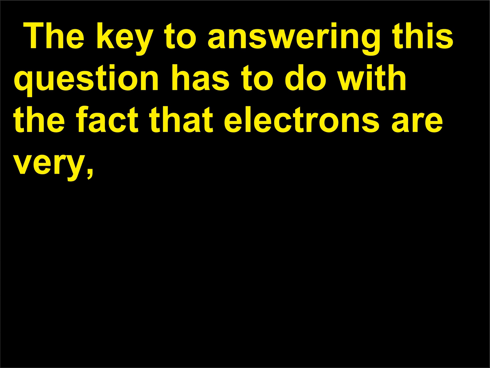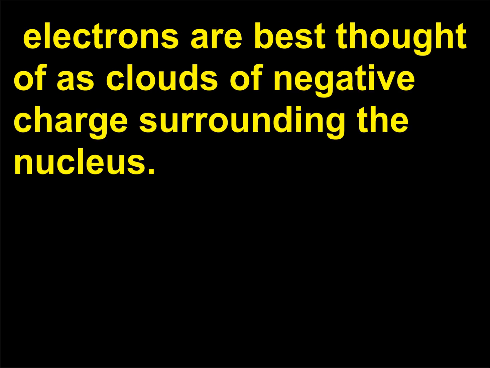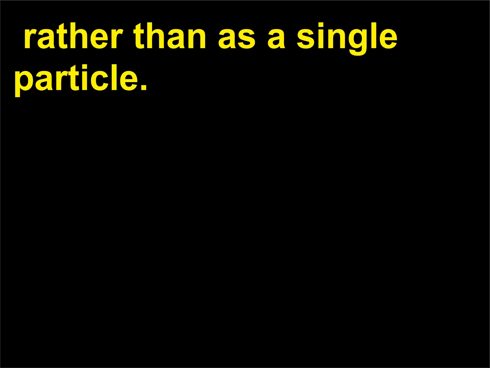The key to answering this question has to do with the fact that electrons are very small particles, so they are governed by rules that don't apply to larger objects. As we've talked about a little already, electrons are best thought of as clouds of negative charge surrounding the nucleus. Their properties are governed by rules that describe the cloud as a whole, rather than as a single particle.